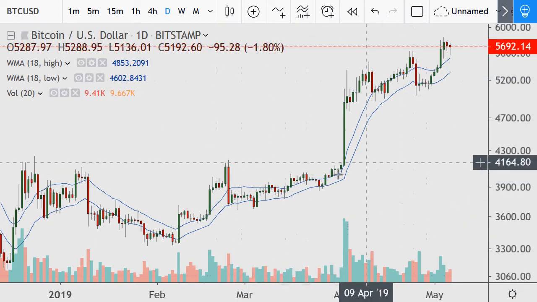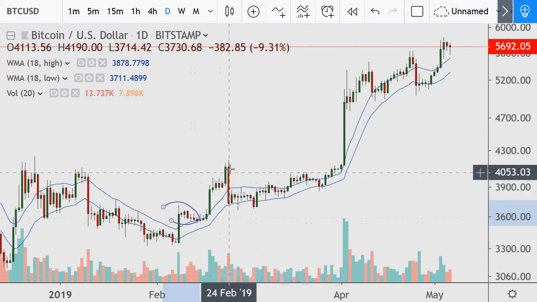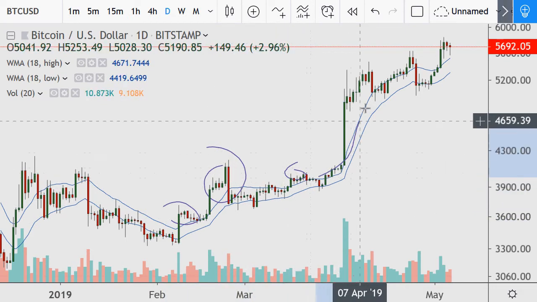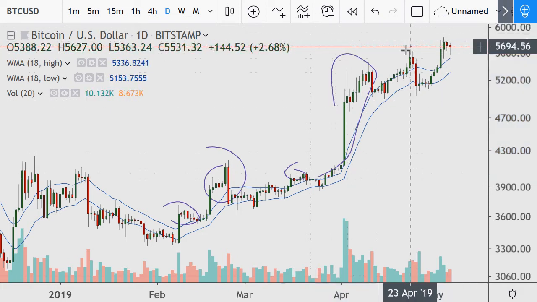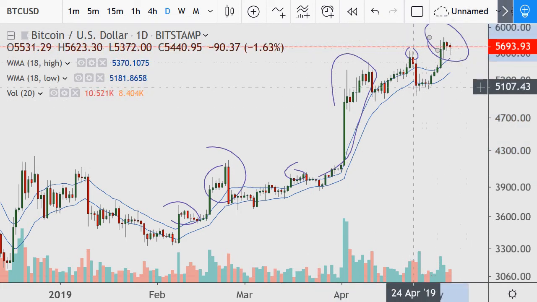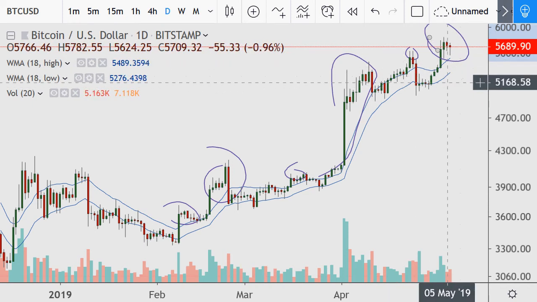It has had a lot of time above the 18 average of highs: this, this, this, this, this, and even currently now. So bull market totally in play. The 18 average of lows is now currently in at 5310 on the daily.